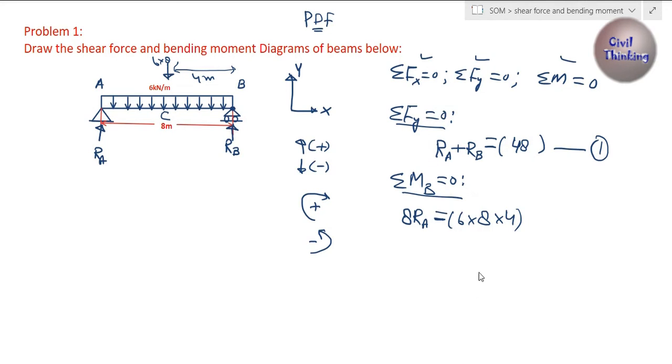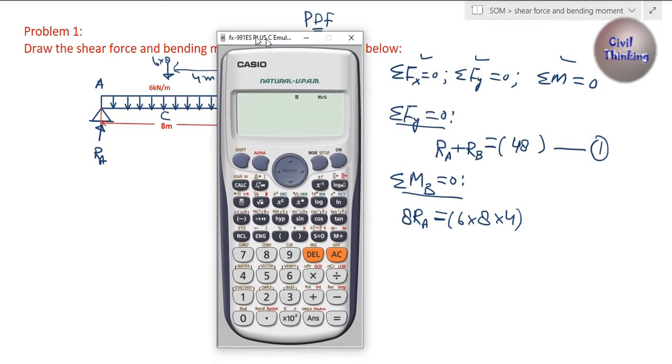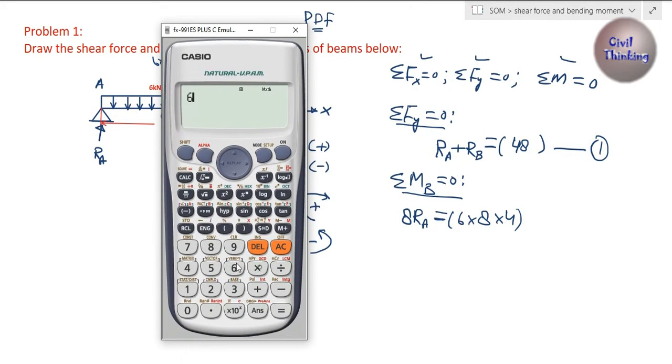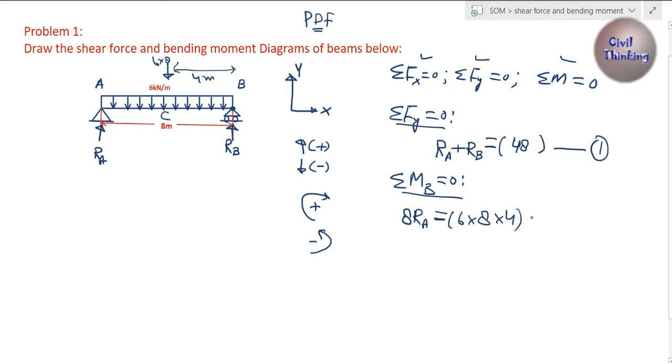Now let me use a calculator. 6 multiplied by 8 multiplied by 4 is 192 kilonewton meter, right?